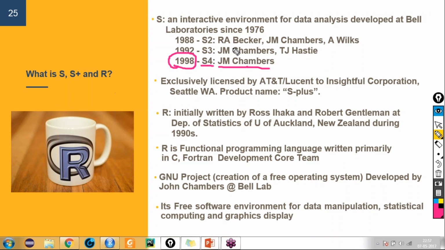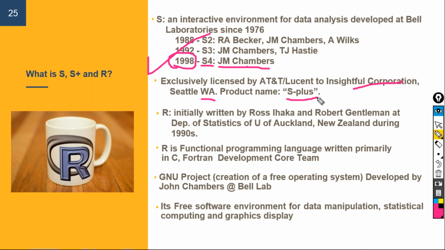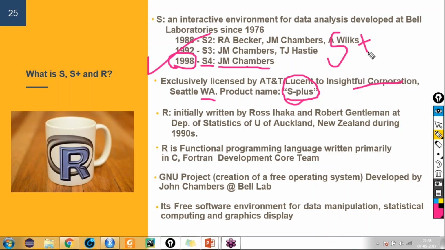So till 1998 it was different versions of S, right? Then it came with a license by AT&T Lucent to Insightful Corporation, which is in Seattle, WA, and the product name became not S5 but S plus, right? S plus, this is how we denote it.